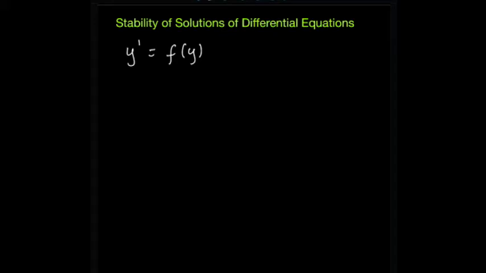Later videos will cover other kinds, but for now we're just going to cover separable ones. To find the stability, first we need to find the equilibrium solutions. Basically, we need to find solutions where y prime equals 0. That's the first step.